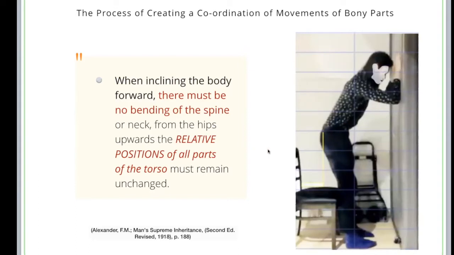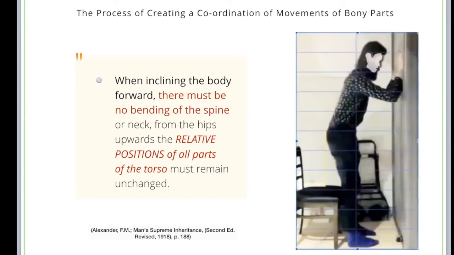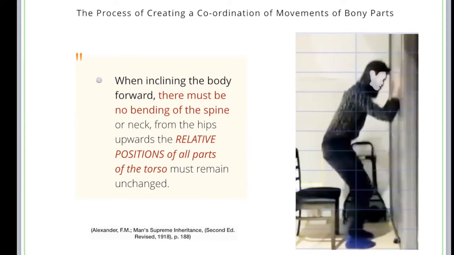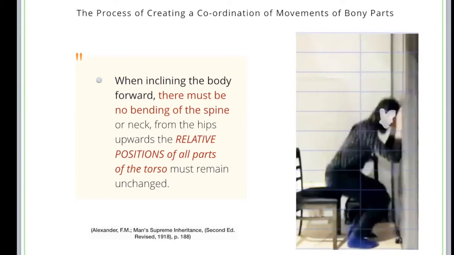In this case, you can also see that a plan is applied where the lower extremity, the lower sacrum, was directed forward. There is no more arching of the lower spine. So from there, we can see that it's possible to organize a bending of the spine when inclining the body forward in such a way as to obtain perfect control of the position of the parts at every moment of the gesture.